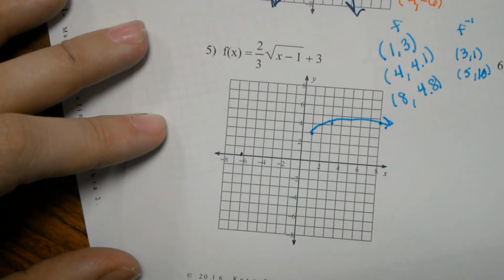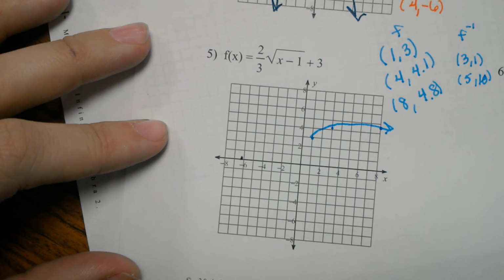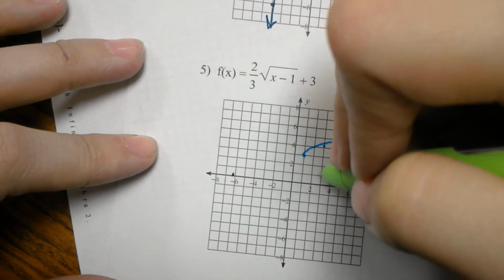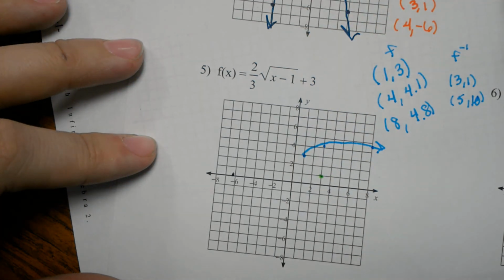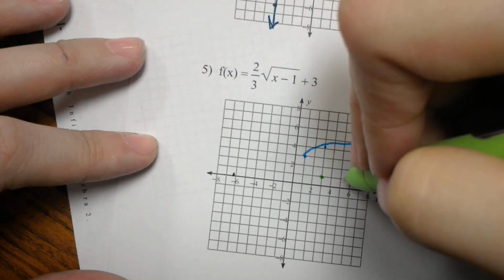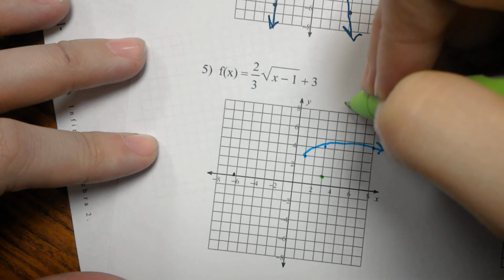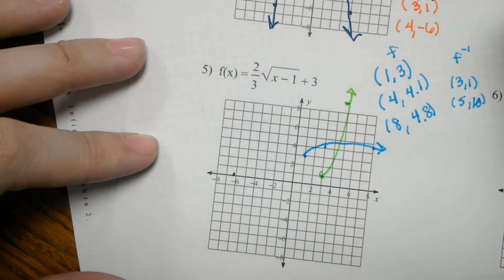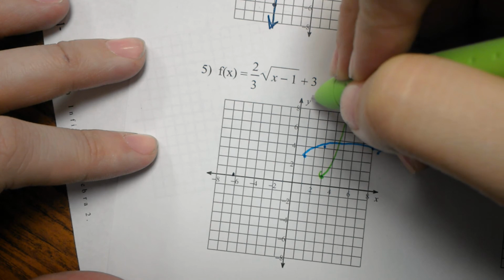So looks something like that for the original. The inverse, I have 3, 1, and then around 5, it's up here at 10. And at 1, it's somewhere around 10.